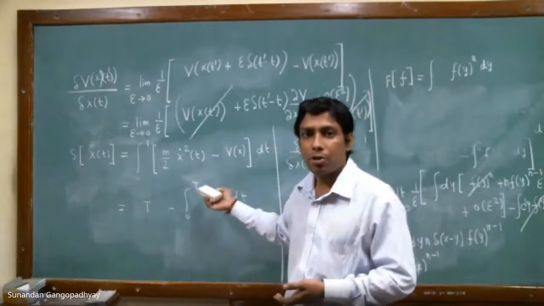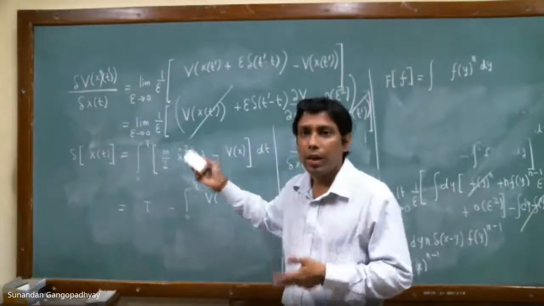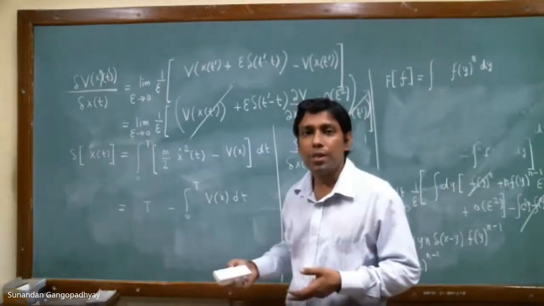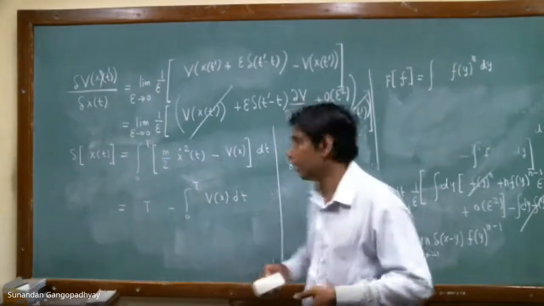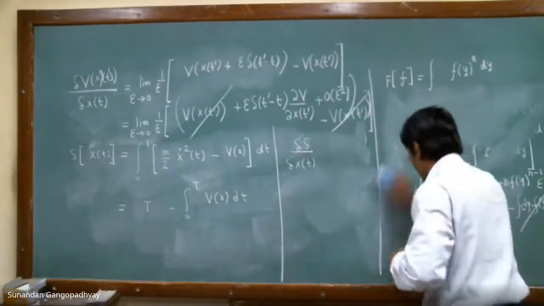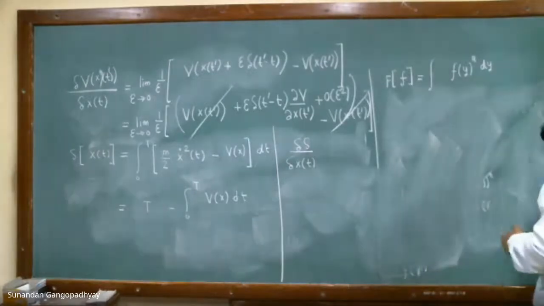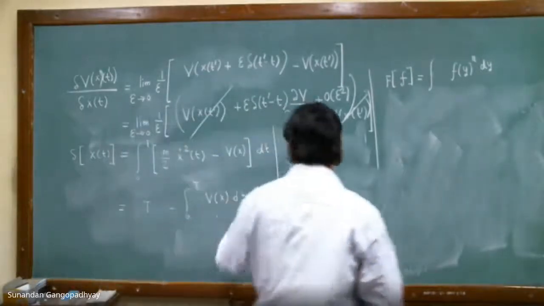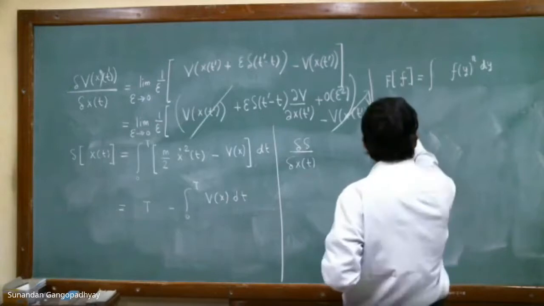The first way I showed you in the previous class: you can just take a variation of this action and proceed to calculate the functional derivative. You can also use the first principle definition of the functional derivative and calculate it using the definition. So let us now do it using the definition. I shall first concentrate on the second term, because this is very easy. We have the result first.